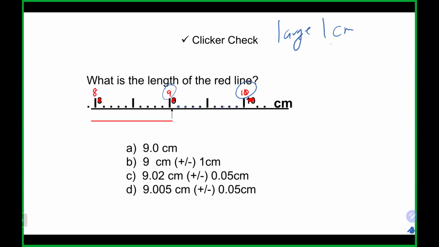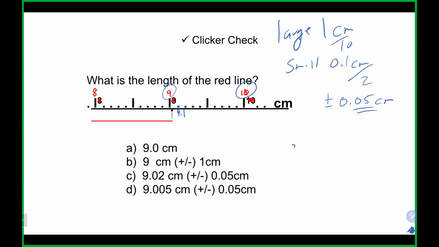So dividing that by 10 gives us our small marking of 0.1 centimeters. In this case, the first dot, which is actually past where our line is, is 9.1. So we're definitely less than 9.1 in this case. We definitely know we could divide that by 2, plus or minus 0.05 centimeters. That means we definitely could go to 2 decimal places.